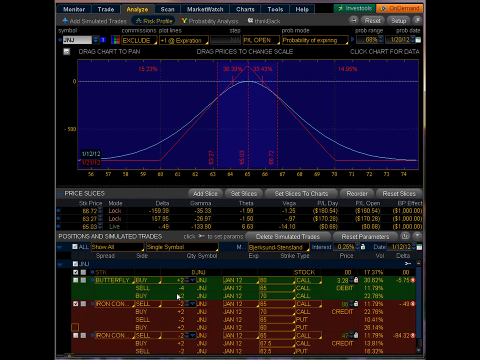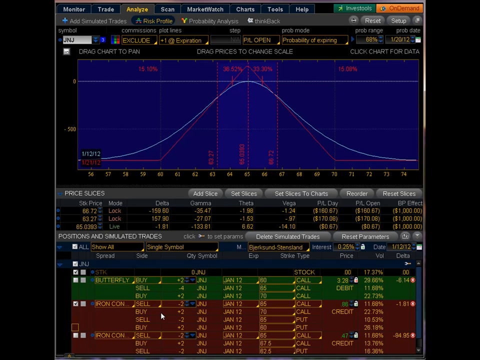This is identical in the sense that you have 4 sold at 65, and you have 4 sold at 65 here. And then you have 2 at 70, and you have 2 at 60. Again, here you have 2 at 60, and then you have 2 at 70. So these are basically the same trade.